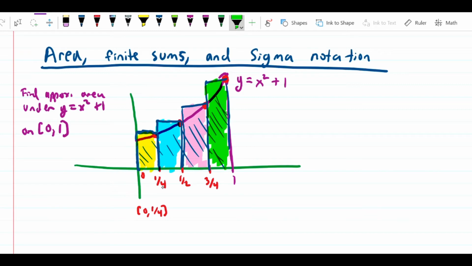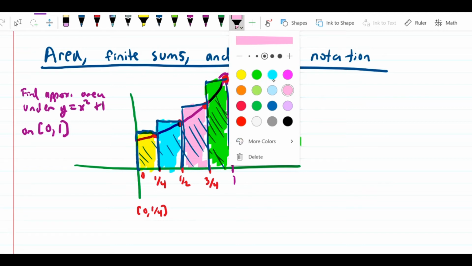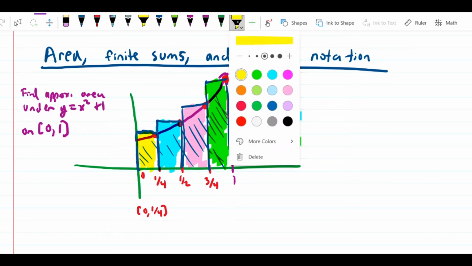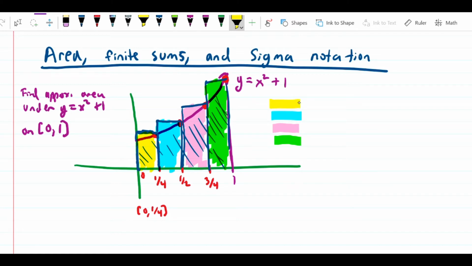Let's write out the 4 areas. There's green, there's pink, and so there are the four rectangles. I've color coded the lines that I'm going to add up, and each one is going to have the area of a rectangle on it.